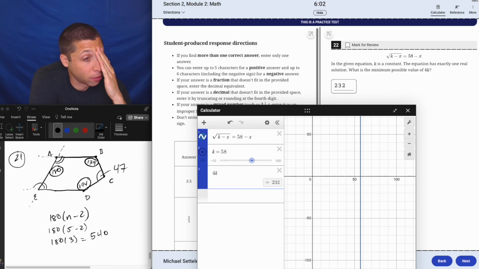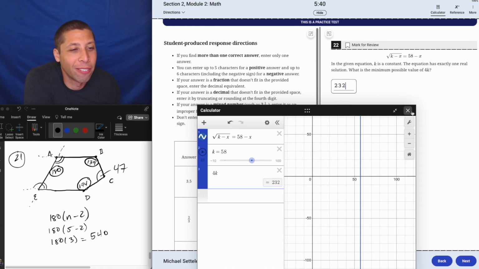Well, let's think about it. Okay, so if k is 58, then we have the square root of 58 minus x is equal to 58 minus x. So if x were 58, then you'd have square root of 0 equals 0. I don't know. I wish there was a better way.